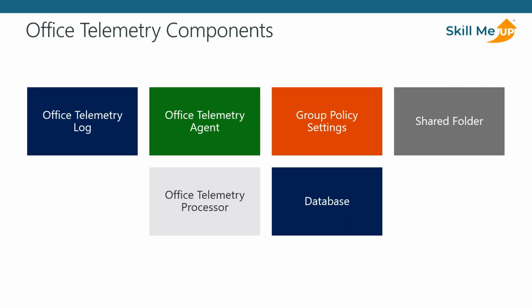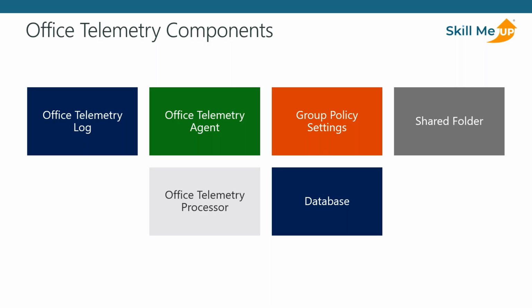It can be deployed for Office 2003 upwards. It's natively built into 2019 down to 2013. You need to enable it using group policy or the registry. It runs as a scheduled task. It does require domain membership. It periodically uploads data to the shared location that you've defined and requires the latest version of the C runtime.